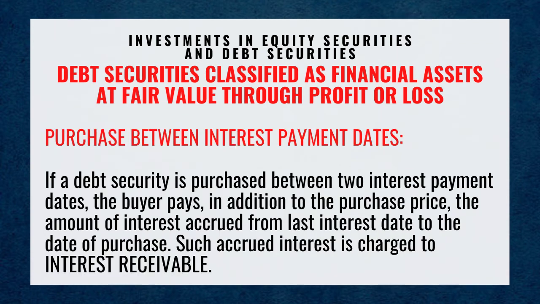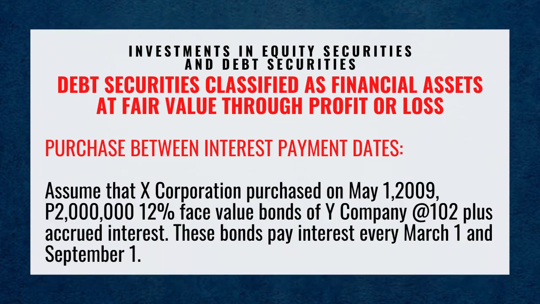Purchase between interest payment dates. If a debt security is purchased between two interest payment dates, the buyer pays in addition to the purchase price the amount of interest accrued from last interest date to the date of purchase. Such accrued interest is charged to interest receivable. Assume that X Corporation purchased on May 1st, 2009, 200,000 12% face value bonds of Y Company at 102 plus accrued interest.